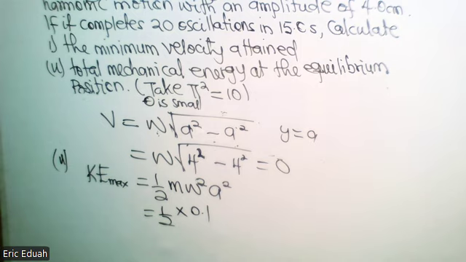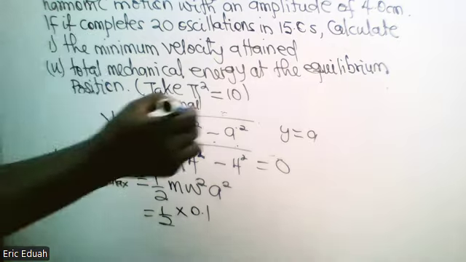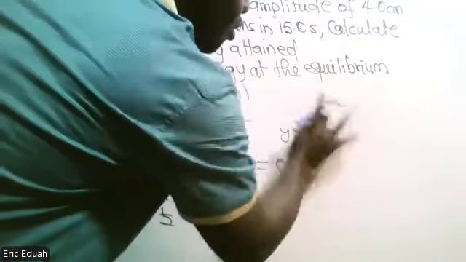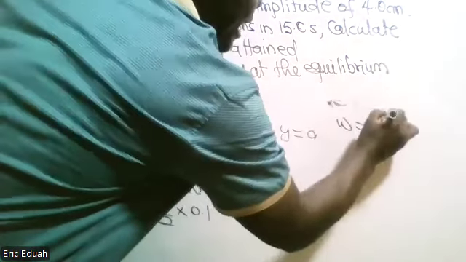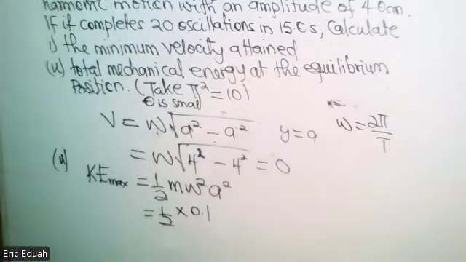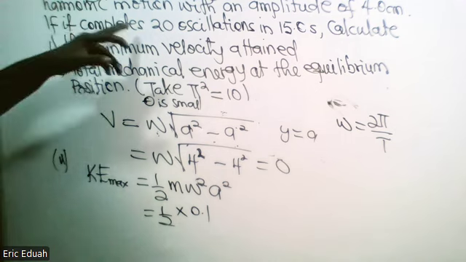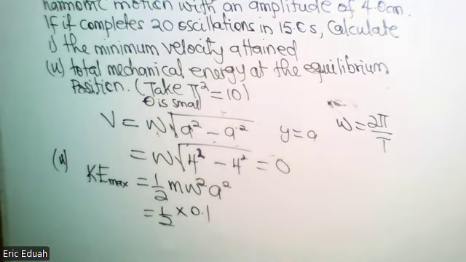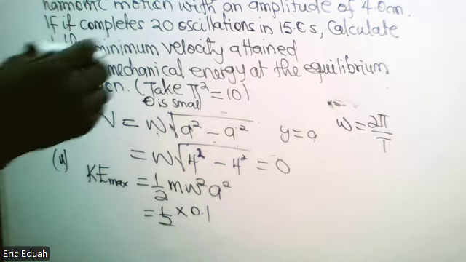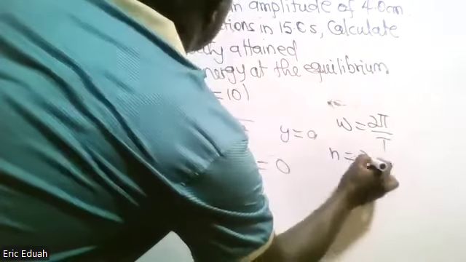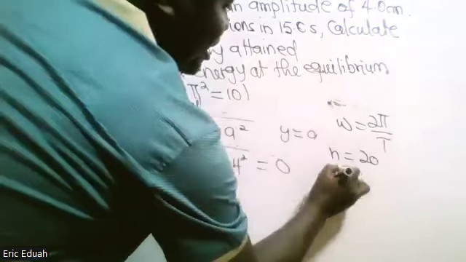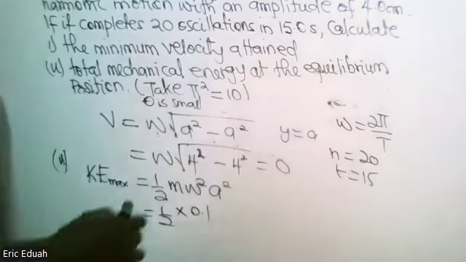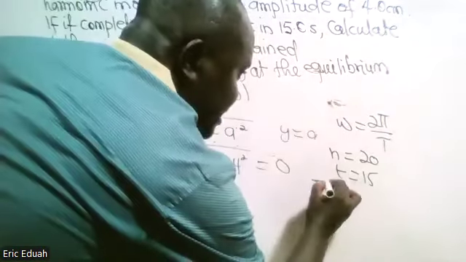Angular velocity omega is equal to 2 pi on T. We are told that it completes 20 oscillations in 15 seconds, so I will need T. Number of oscillations 20, time for that oscillation 15. I can use this to find period.